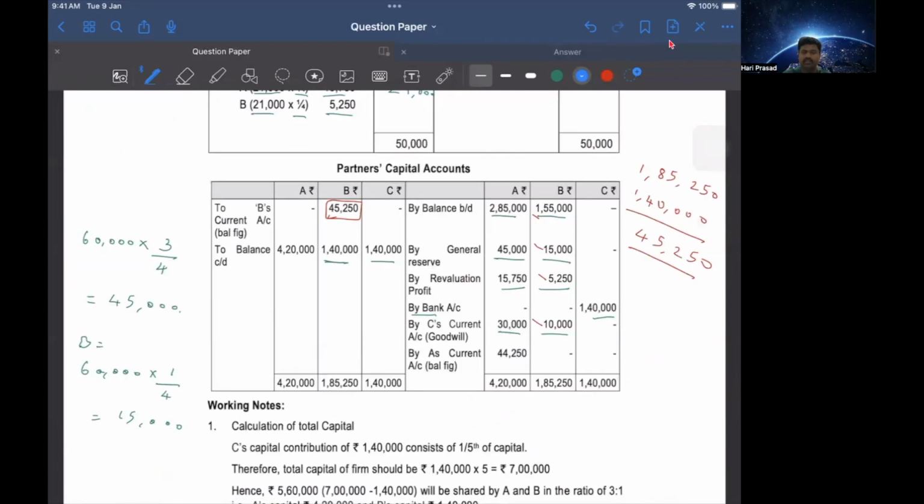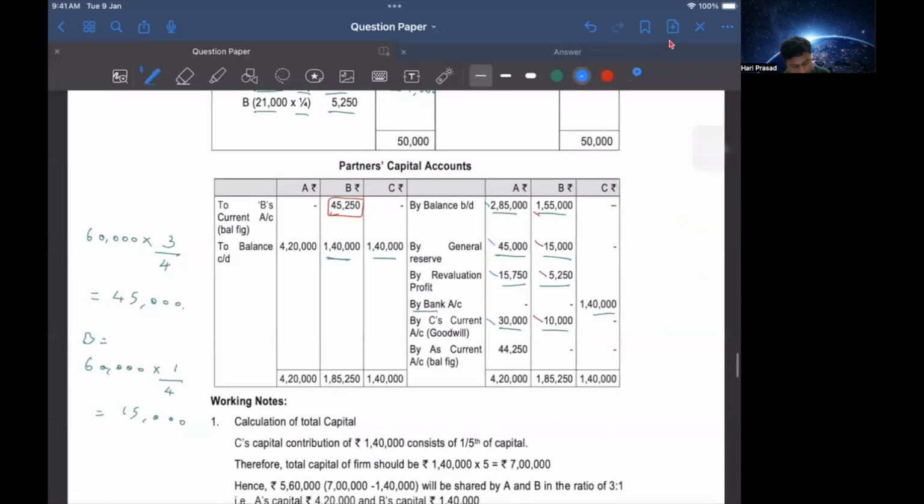Let's find the balancing figure of A's capital before adjustment. 2,85,000 plus 45,000 plus 15,750 plus 30,000.